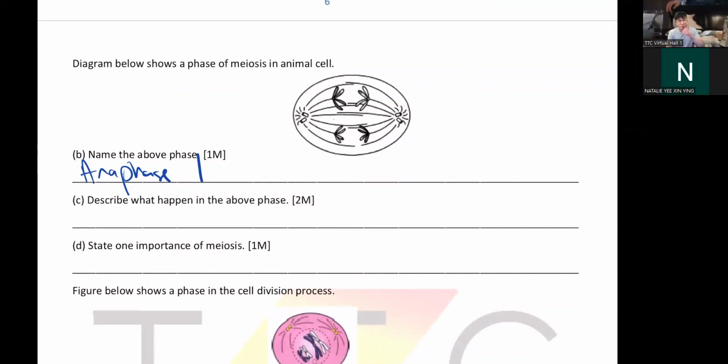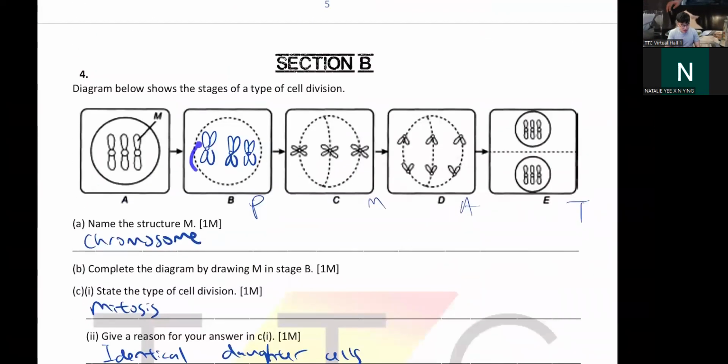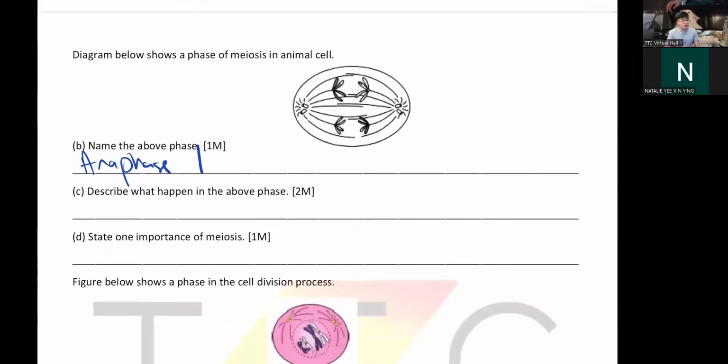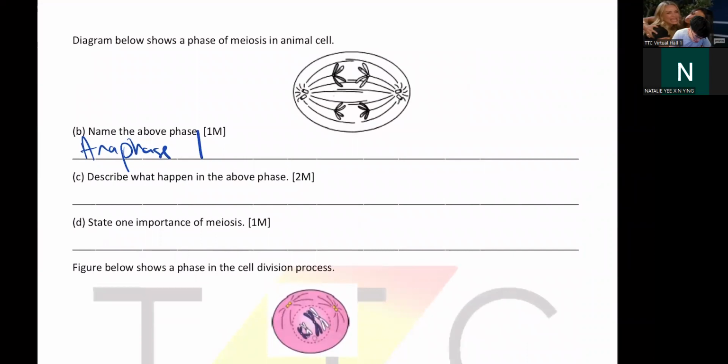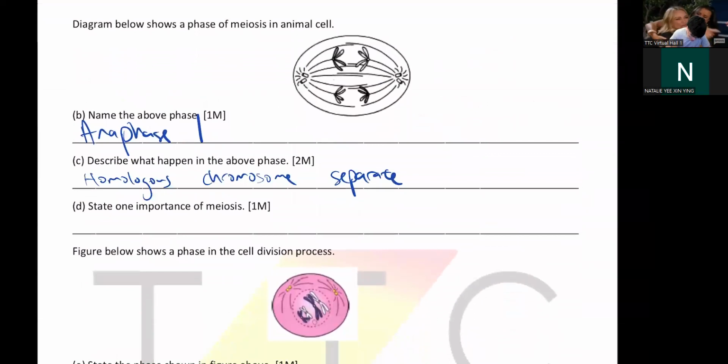Like I said, meiosis 2 looks exactly like mitosis. That means they split once, they don't split twice. So this is anaphase 1. What happens in this phase? Your homologous chromosomes separate.